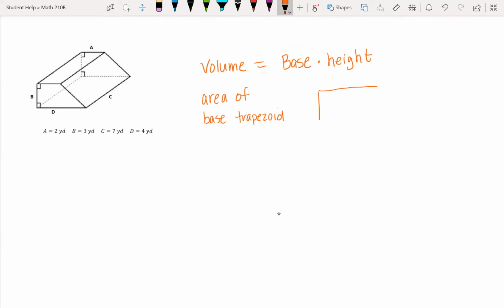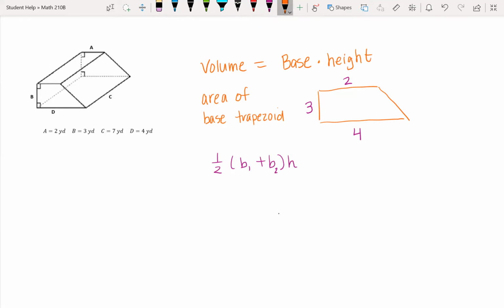When I have a trapezoid, let's write down what the measurements are. We have that the bottom here is 4. This side is 3. Obviously, this is not drawn to scale. And this is 2, right? So for area of a trapezoid, the formula is 1/2 base 1 plus base 2. You add the two bases together, which is the top and the bottom, and then you multiply by the height.